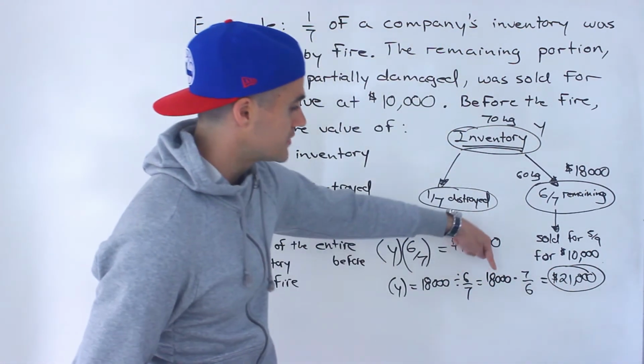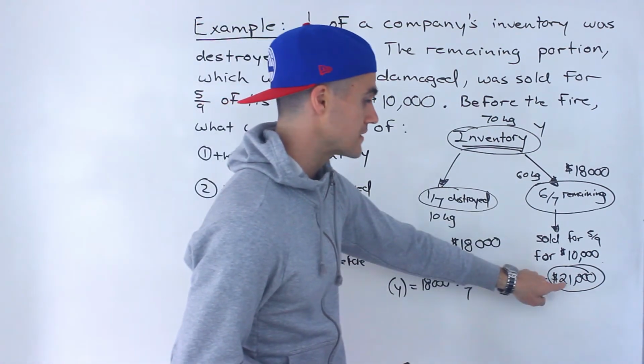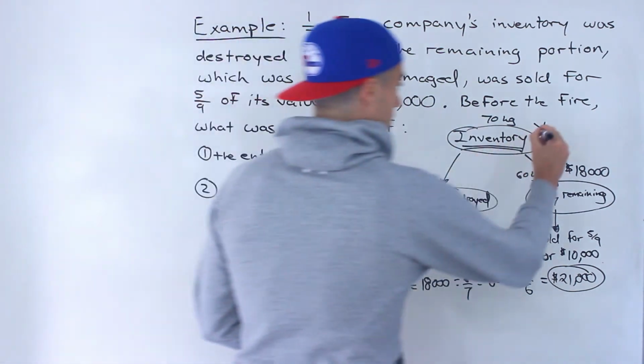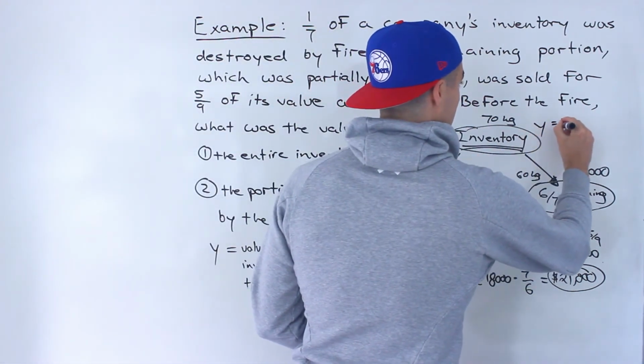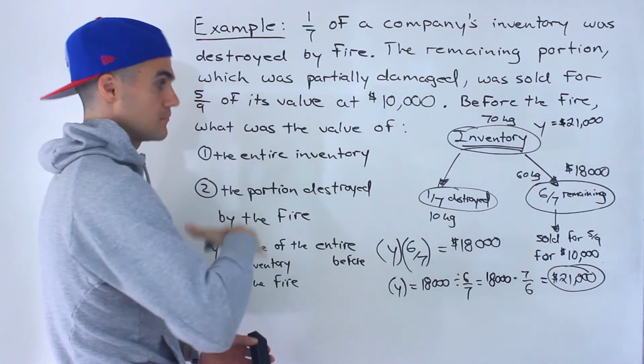Another thing you could do is take 18,000 multiplied by 7 and then divide by 6. You still get 21,000. So 21,000 is the value of the entire inventory before the fire.